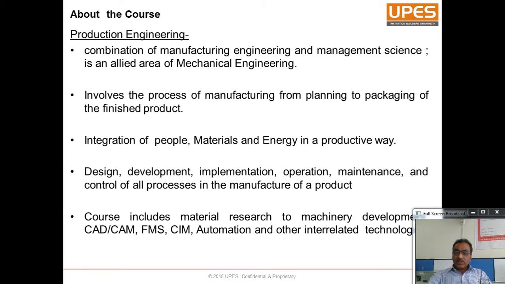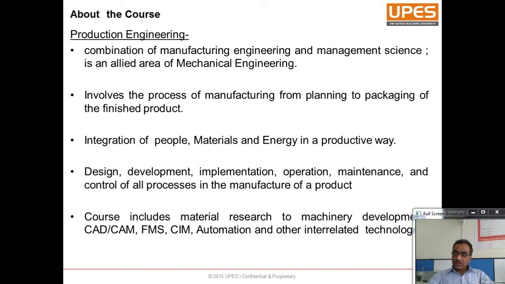So it becomes the integration of the people or the manpower, material, energy in a productive way. Also, we require the design, development, implementation, operation, maintenance, and control of all the processes in manufacturing the product. Because just the transformation cannot take place.